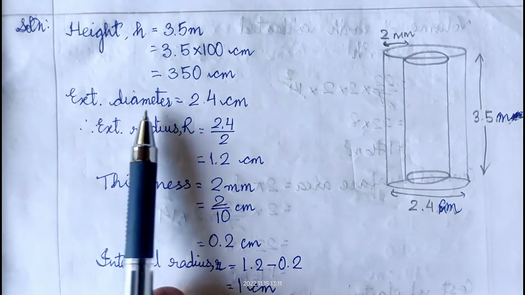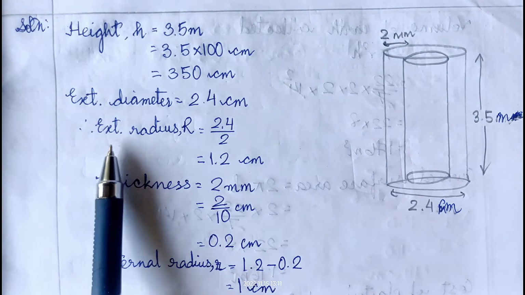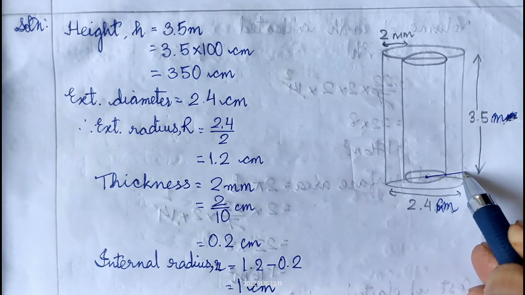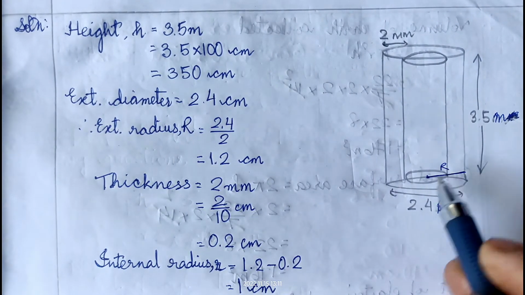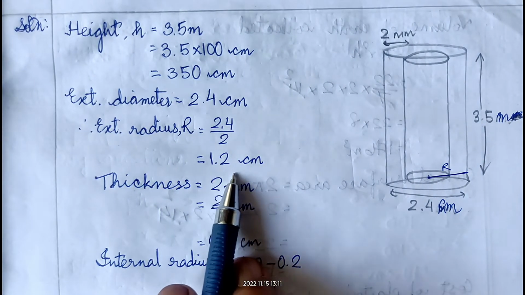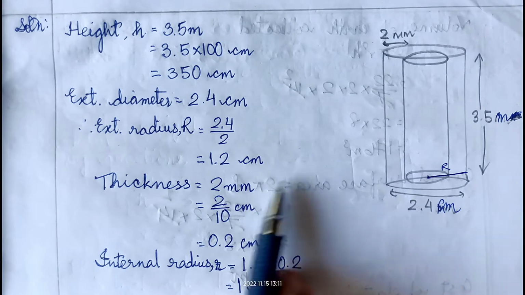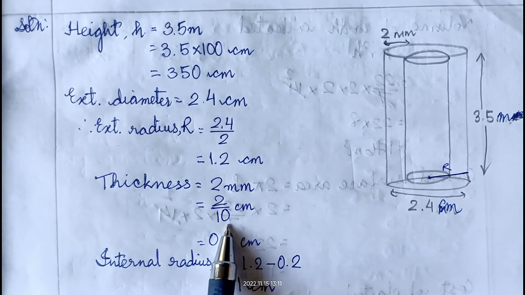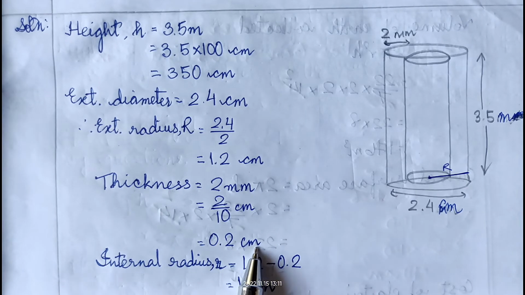Again, external diameter is given 2.4 centimeter. So external radius, that is starting from this point up to this much, this is capital R. External radius R will be 2.4 by 2, that is 1.2 centimeter. And thickness, it is given 2 millimeter. If we convert to centimeter, we have to divide by 10. So it will be 0.2 centimeter.